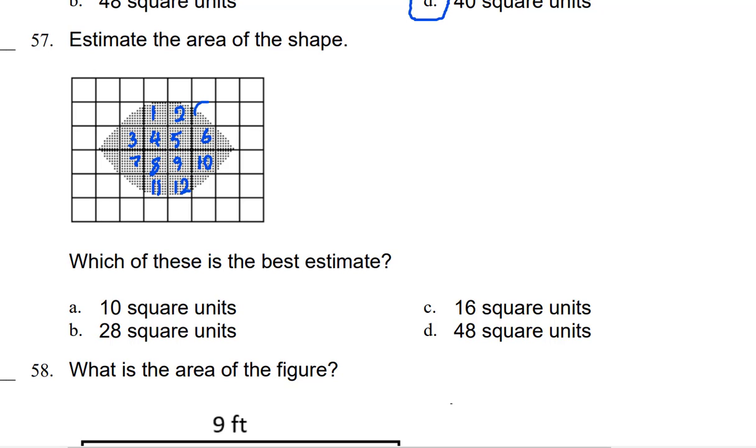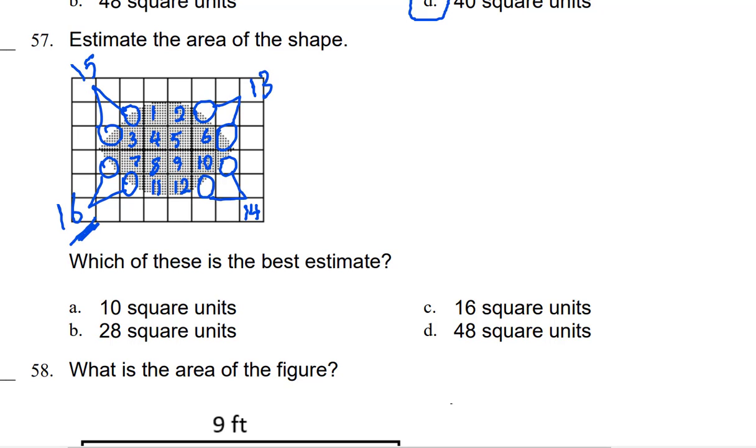These two squares form one square, right? Yes. So 13. And these two also form another one. So 14, 15, and 16.